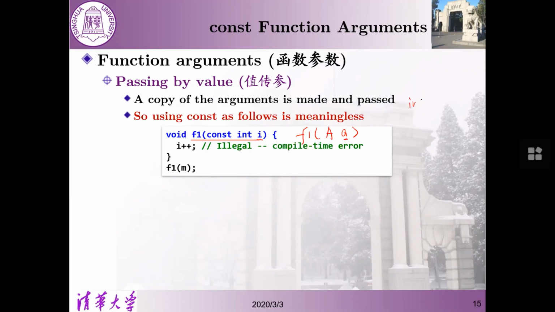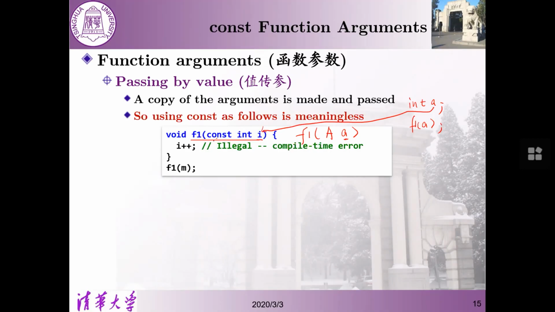For example, if we define a variable here, and then we call the function here, f1, a, then a copy of this A will be made to this I. So within this function, we access I, not A. Okay, so this is the problem, right?